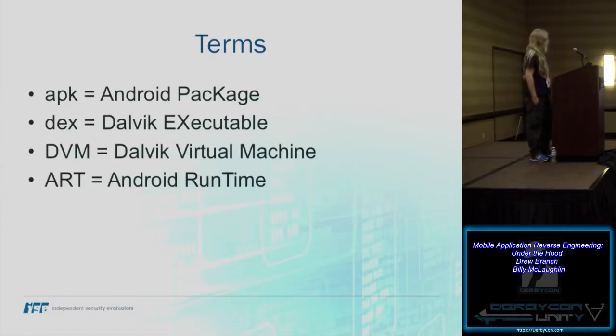DEX stands for Dalvik Executable. You can think of it as the Android equivalent of a Java class file. The DVM is the Dalvik virtual machine, which can be thought of as the Android equivalent of the Java virtual machine. ART, I'm not really going to be talking about much, but in recent versions of Android, it has begun to replace the Dalvik virtual machine.